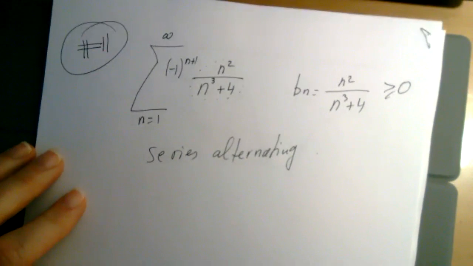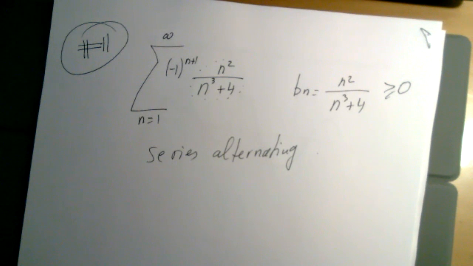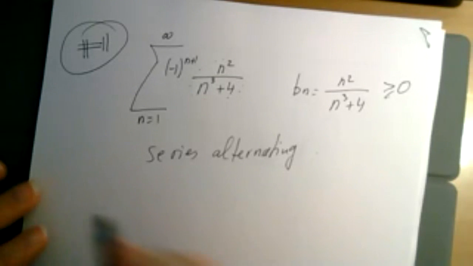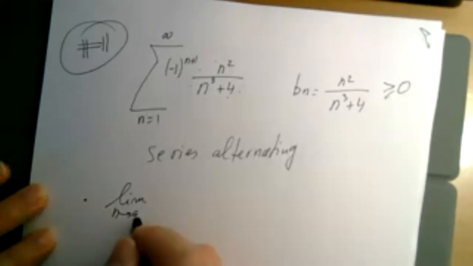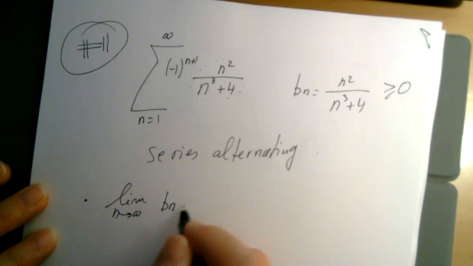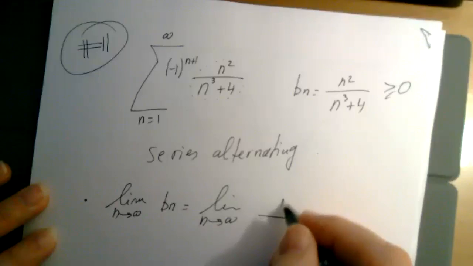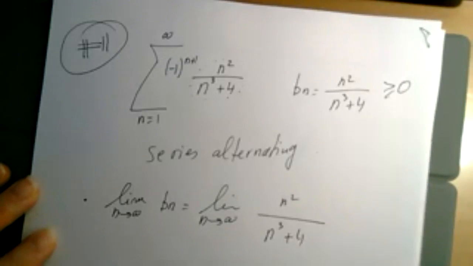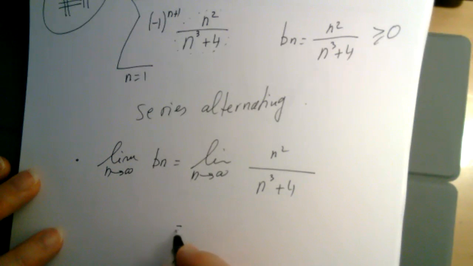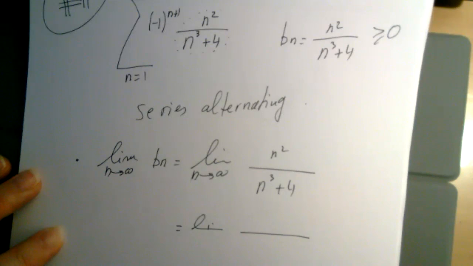Okay, very good. To check an alternating series, the test is easy. First I'm going to check the terms. Does n^2 over (n^3 + 4) go to 0? As n tends to infinity, we divide by n^3 both in the numerator and denominator.